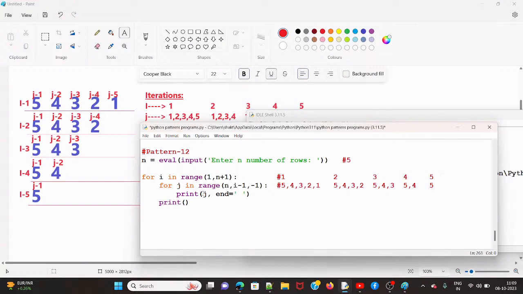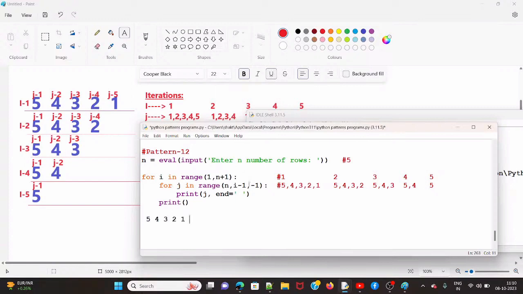When i value is 1, the j loop executes 5 times: 5, 4, 3, 2, 1. So first time 5 space, next time 4 space, 3 space, like this: 5 space, 4 space, 3 space, 2 space, 1 space.